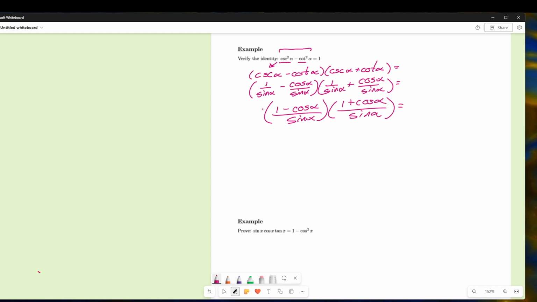Now notice, hey, we've got conjugate pairs again, so if we did multiply that top together, it would be 1 squared minus cosine squared alpha over sine times sine, which is sine squared alpha, and 1 minus cosine squared alpha is sine squared alpha, over sine squared alpha, and that does equal 1.